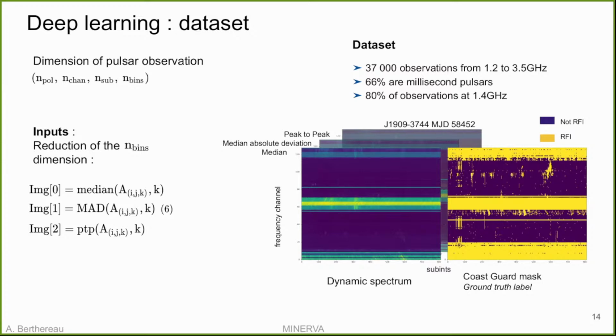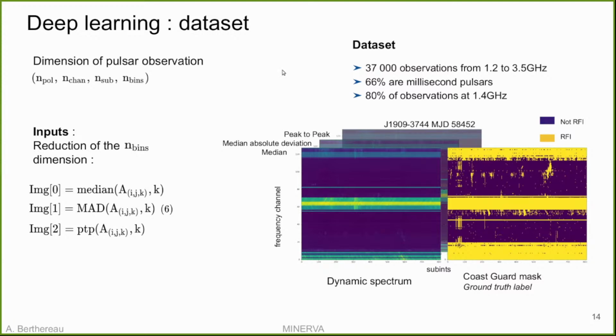The pre-trained TensorFlow encoder is optimal with a three channel input, so we want to take advantage of this. And as a ground truth label, we are using the Coast Guard mask. So these two entries will be our input for the learning process.